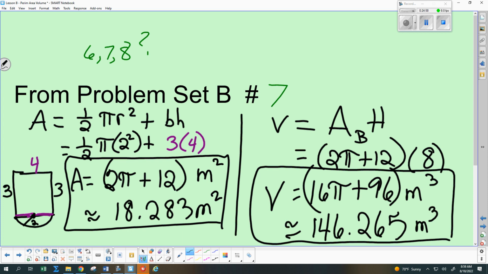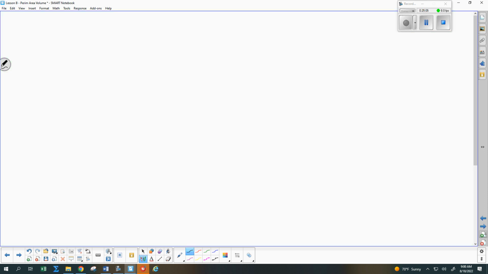And let's see. Why don't we do number 6 next, just because it has a pyramid thrown in there. So number 6 says the bottom is that scaling triangle, and then there are sides that slant up to all meet at a point.